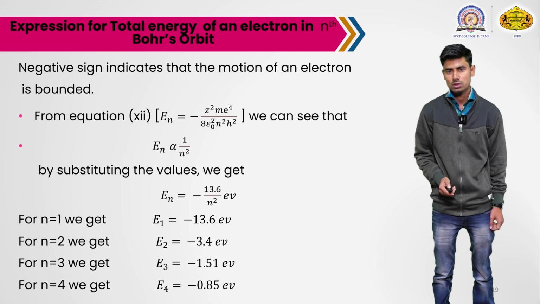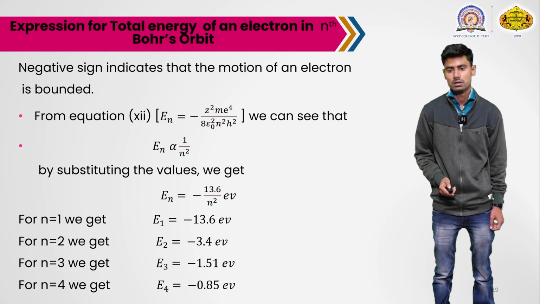Similarly, for n equals 3, the total energy of the electron in the third orbit is minus 1.51 electron volt. For n equals 4, I get E4 as minus 0.85 electron volt.